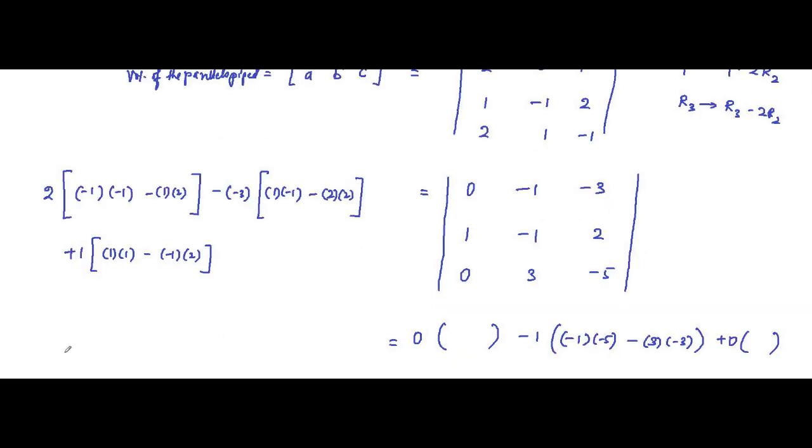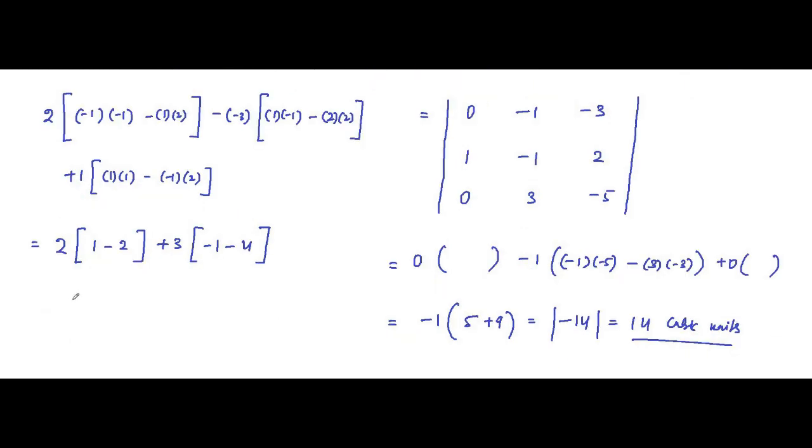So this becomes 2 into 1 minus 2, then plus 3 into minus 1 minus 4, then plus 1 into 1 minus 2, so 1 plus 2. So this becomes 2 into minus 1 plus 3 into minus 5 plus 1 into 3.